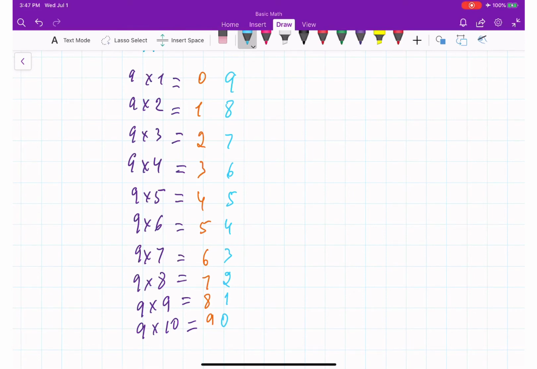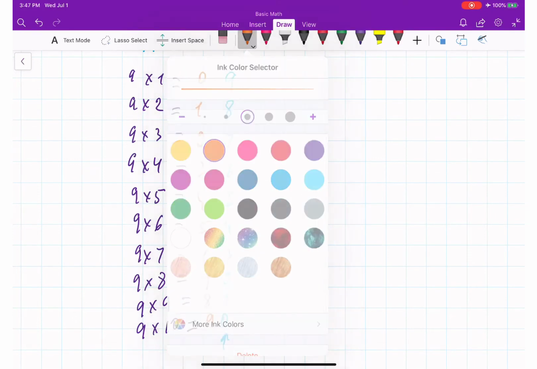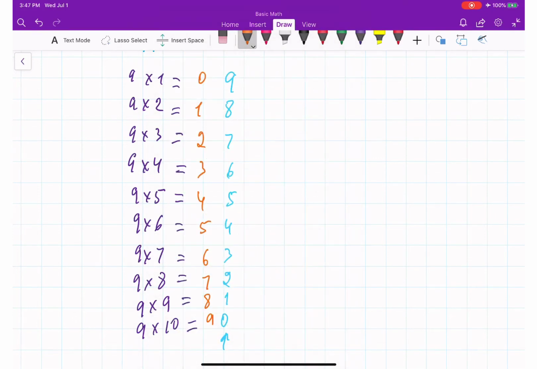So this one comes from here, and this comes from here down. Nine times 1 is 9, 9 times 2, 18, 9 times 3, 27, and so on. So this is multiplication by 9.